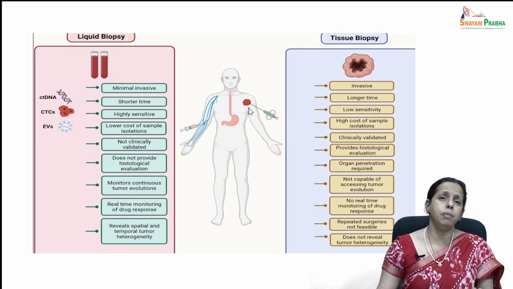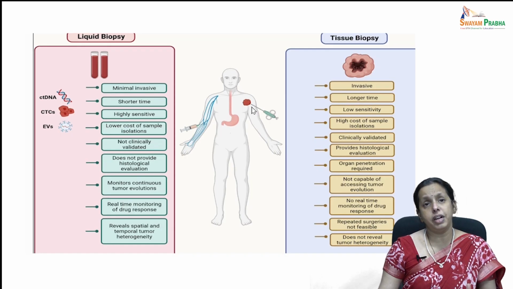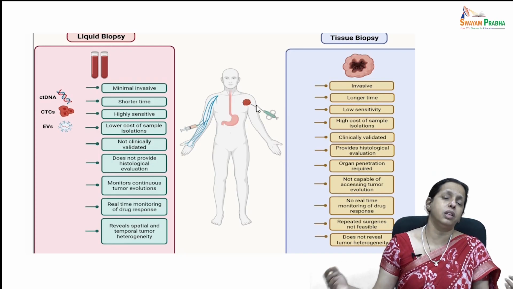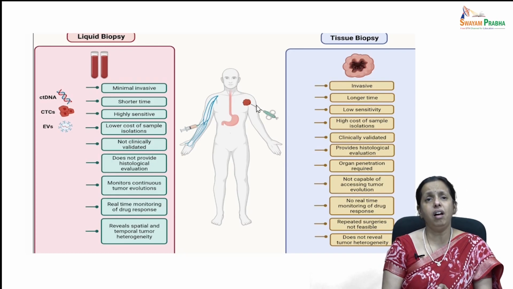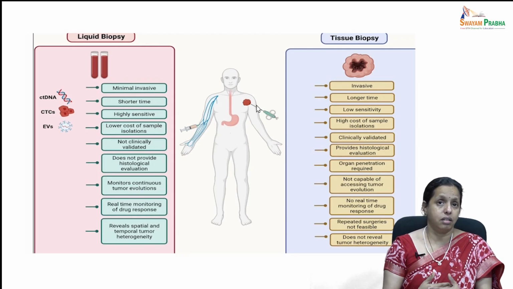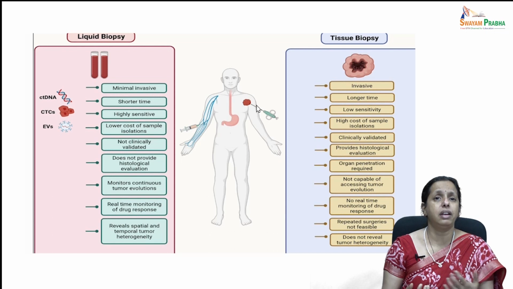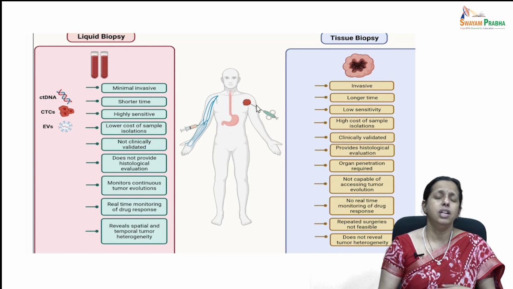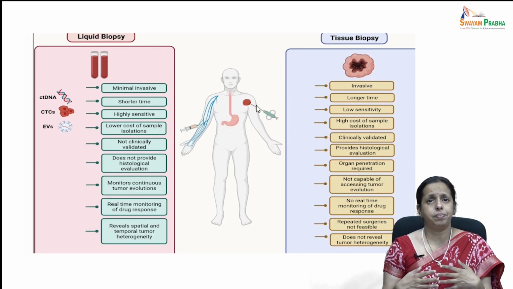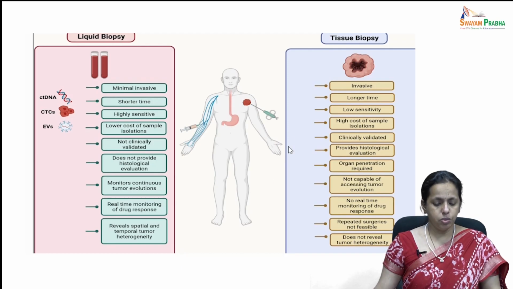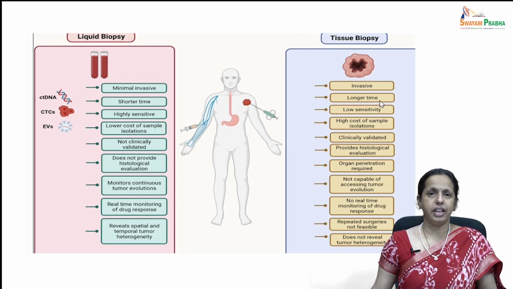But the problem is the patient has to be subjected to an invasive procedure. It's not easy, especially for follow-up patients. It's not as easy as taking a blood, sputum or urine sample. This tumor biopsy is invasive and takes longer.